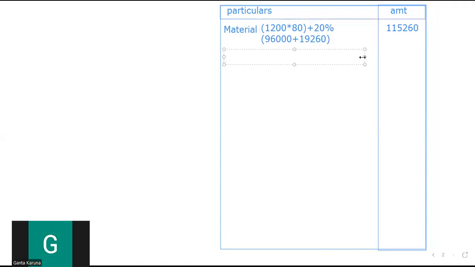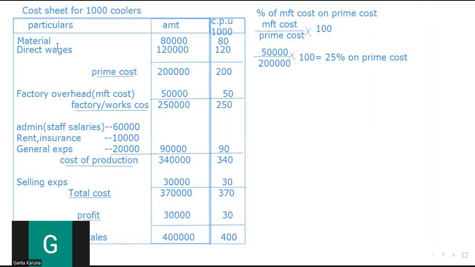Now I'm going with my wages. So wages, I'm going to find out in the same manner. Now for the wages, did he say anything? Direct wages, did he say anything? Yes, wages will rise by 5%. First of all, I should know what the wages cost per unit is, no? So when I go back here, my direct wages per unit I got is 120 rupees. So first I have to find out what that is. 120 rupees into how many units? 1,200 units.